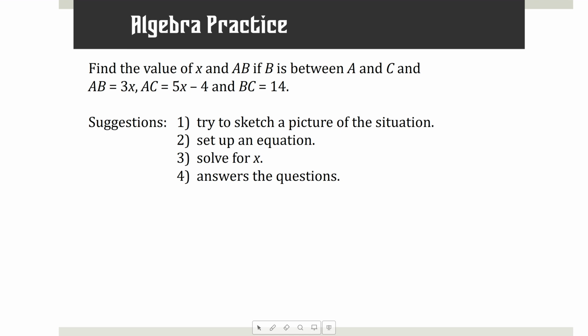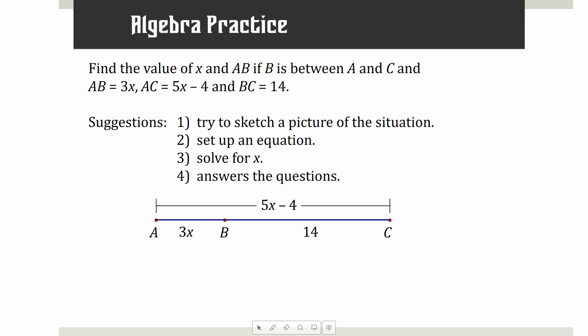Okay, so let's take a look at this. I set it up that way. B is between A and C. I have no idea how close B is to A or to C, so I just winged it. Put in the information that I know.